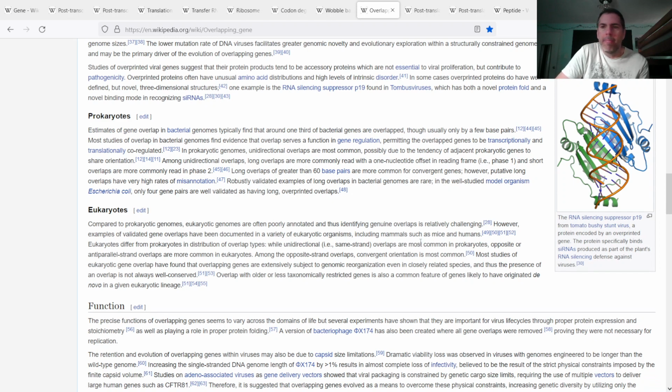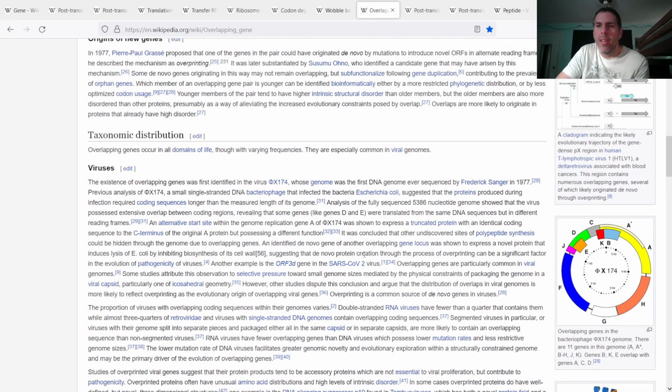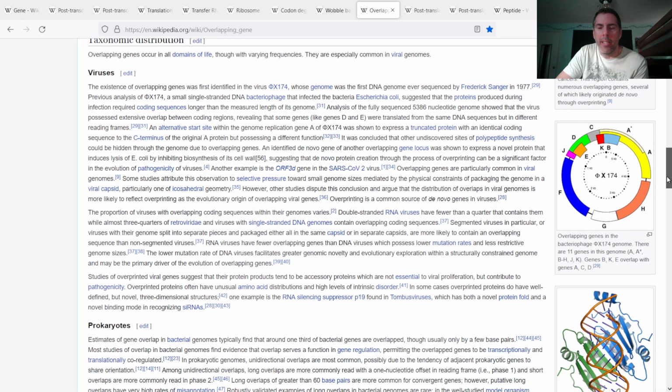So I guess this should have been in the transcription section because it's about genes, but you can see that there's overlapping, especially in viruses and prokaryotes. There's overlapping reading frames, so you can express multiple proteins off the same messenger RNA just by starting at a different frame.